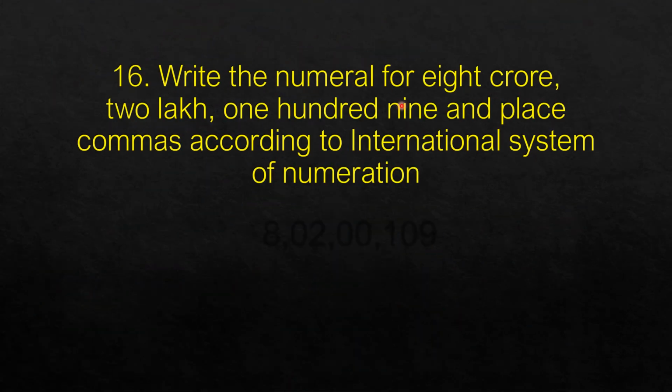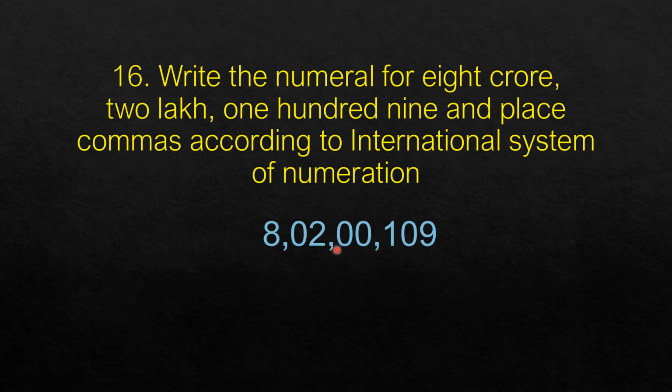Write the numeral for 8 crore, 2 lakh, 109 and place commas according to the International System of Numeration. So 8 crore 2 lakh 109.